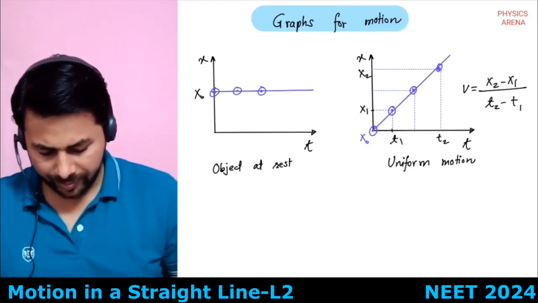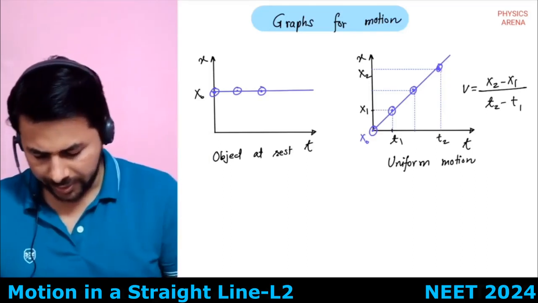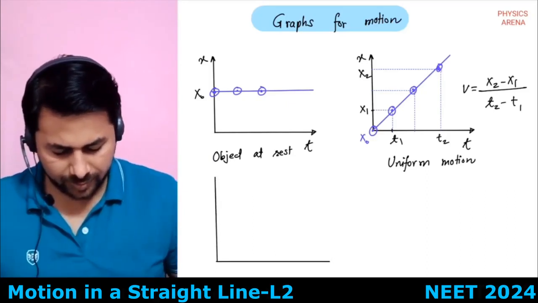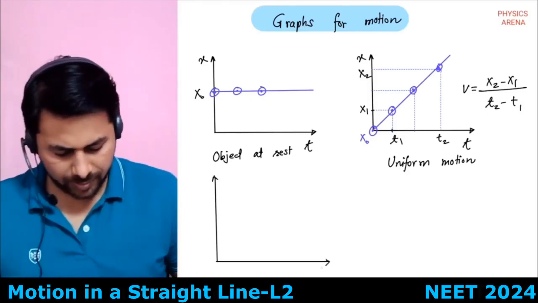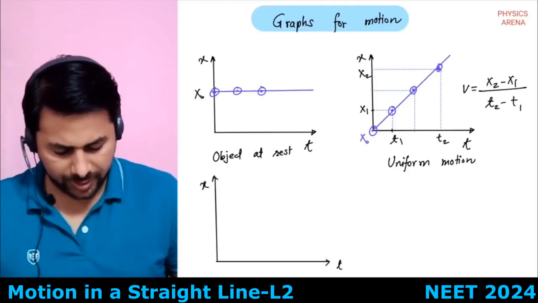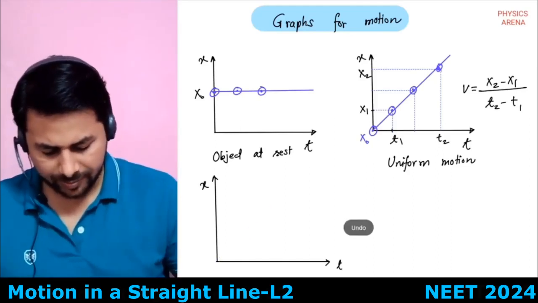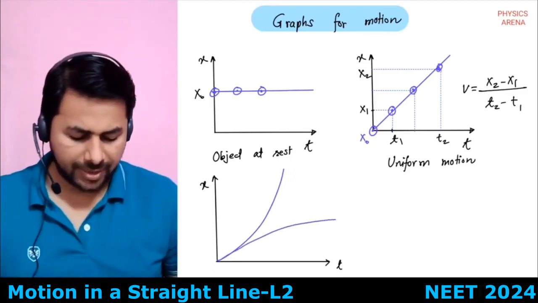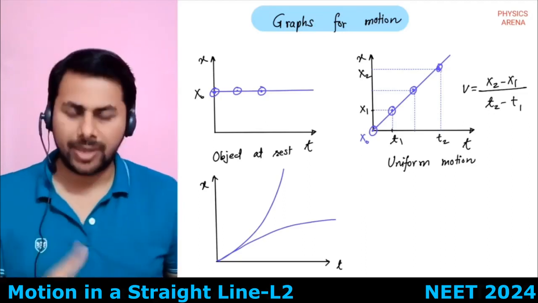So for them, this is x, this is t. For uniformly accelerated motion, the graph will be like this. Velocity is increasing. For uniformly retarded kind of motion, retarded meaning with negative acceleration, the graph will be like this.